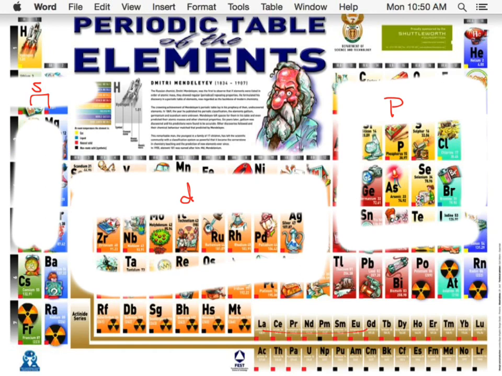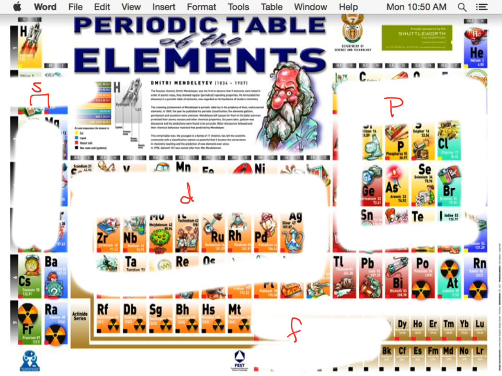And then the last block that we won't worry about at the very, very bottom, that's our F block. We probably won't ever have to worry about that unless you have somebody that wants to really push you in 151. Okay. Why is this going to be particularly helpful for answering the question? Because the question asked how many electrons are found in the P block.